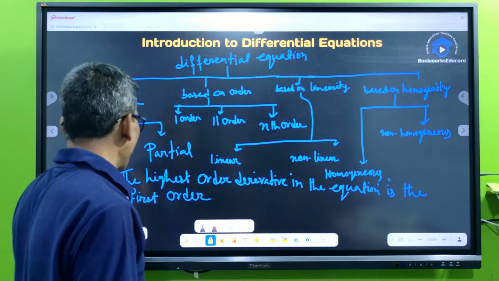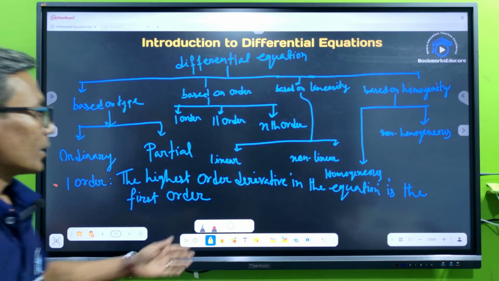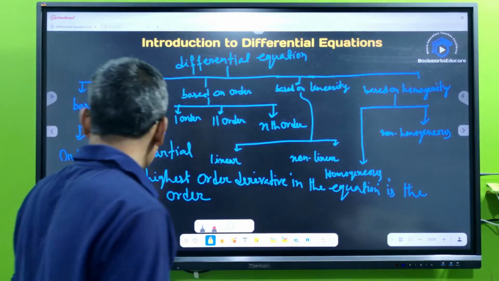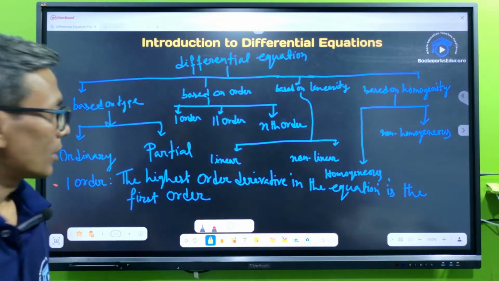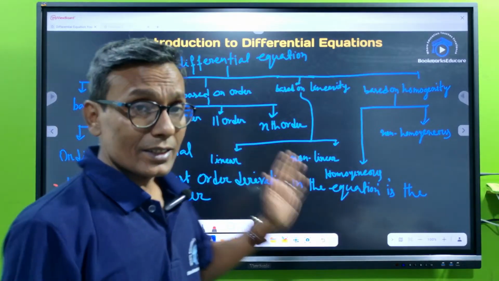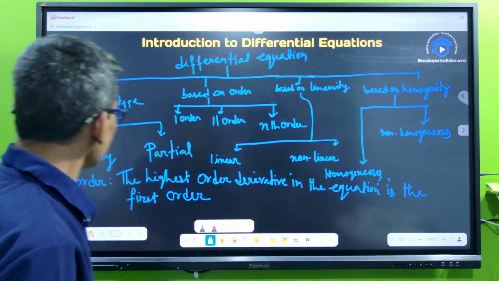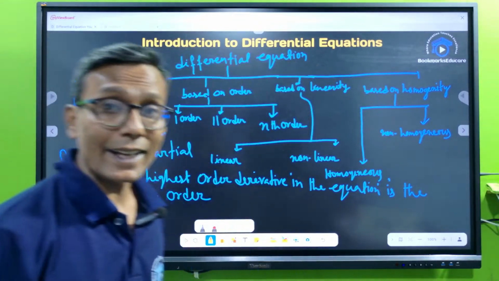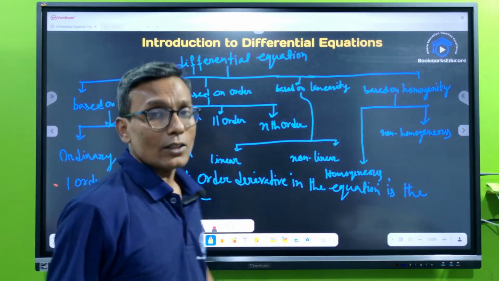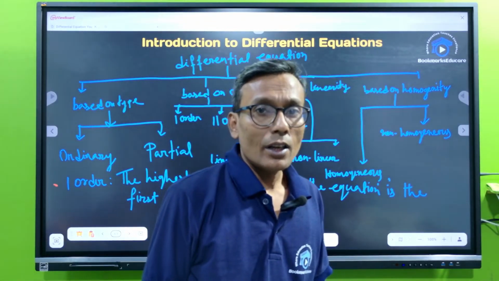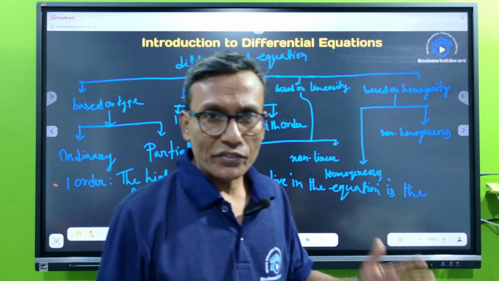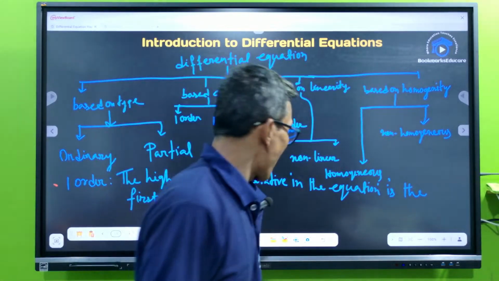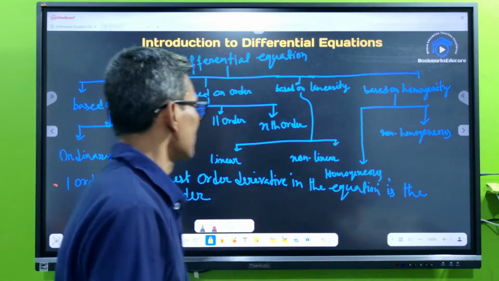The highest order derivative in the equation is the first order. Then what is the second order differential equation? The highest order derivative in the equation is the second order. And nth order differential equations are those in which the highest order is nth order.